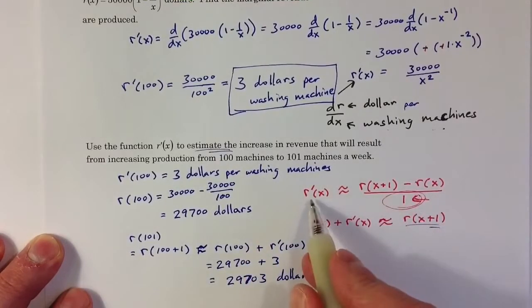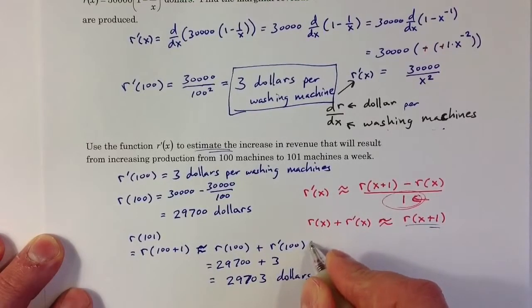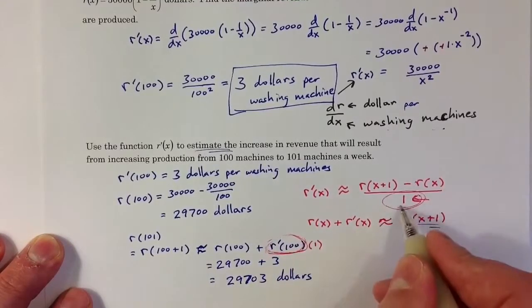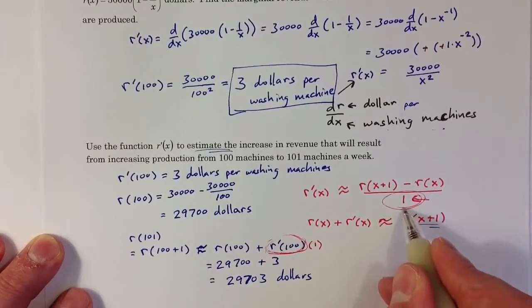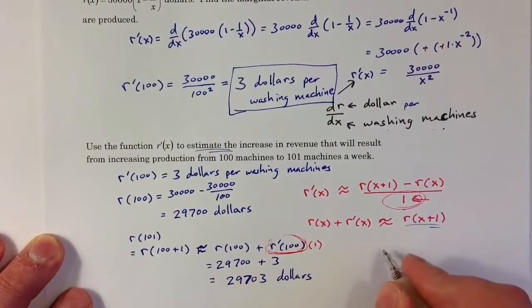And so if I multiply that to the other side, there's actually kind of a sneaky little 1 here that would make the units work out. So this is actually like dollars per washing machine is what the marginal revenue gives us, but then we're multiplying by the number of washing machines. So we're changing by 1 washing machine. If I wanted to change by 2 washing machines, I could take that 3 and multiply by 2.